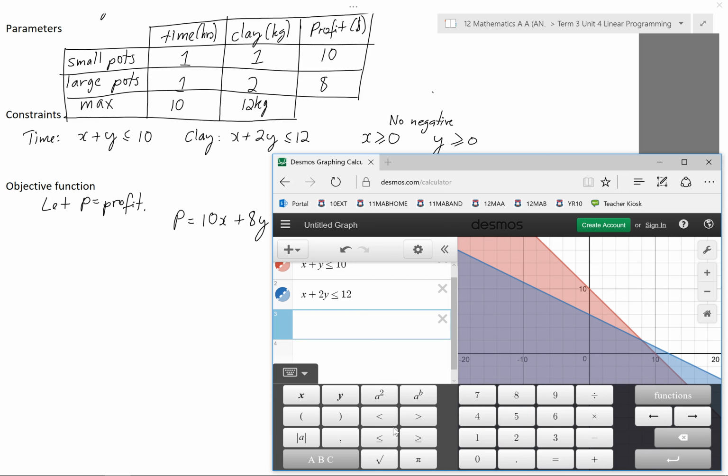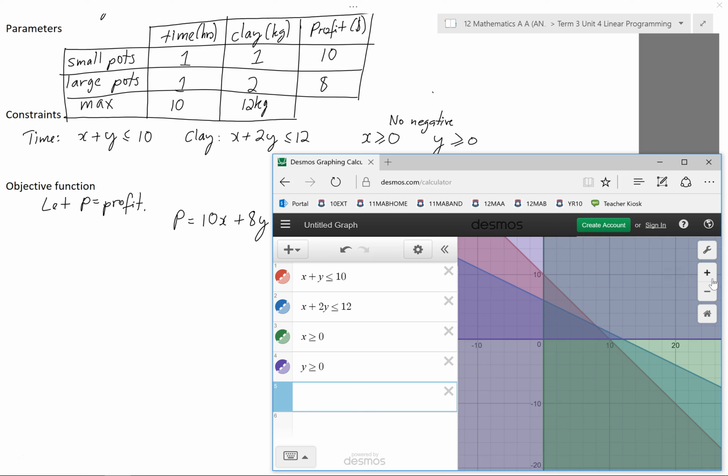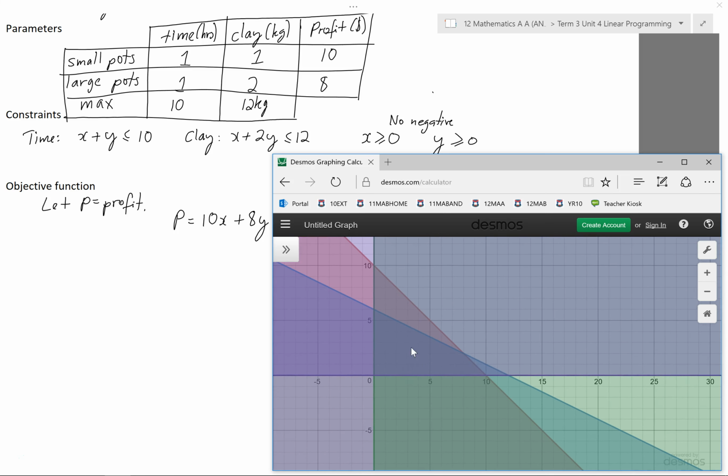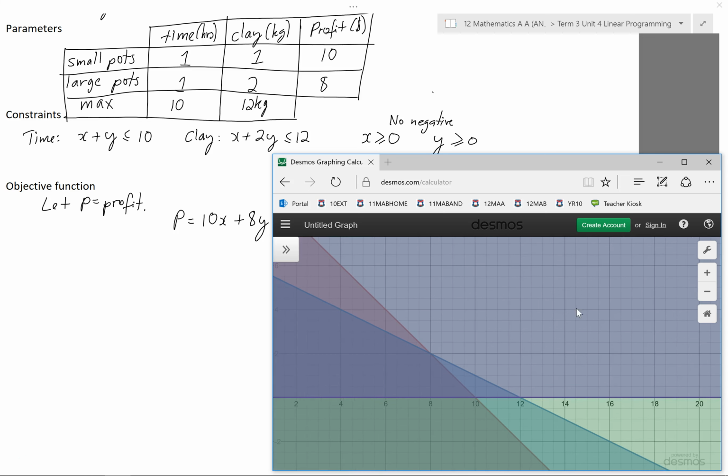Okay, I've got that going. And I'll also put in my non-negative constraints. So x needs to be at least 0, and y needs to be at least 0. A big colourful section here. I can hide all these equations if I want to. This part that I'm tracing with my mouse is the feasible region where all these shadings overlap.